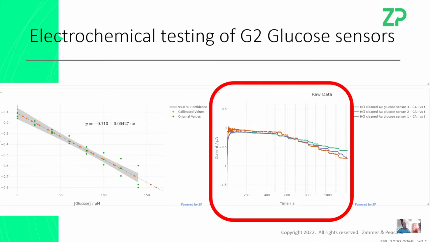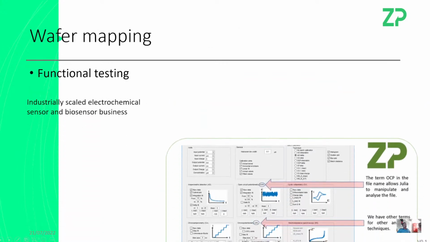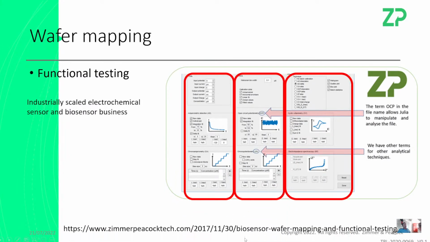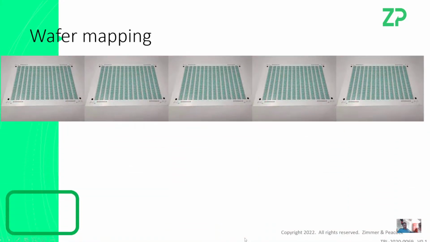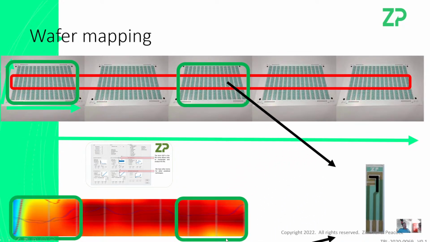And we can upload vast amounts of raw data and then let Julie crunch it all into, I would say, turn data into information, and then if the quality control manager can look at that, say, okay, it's within spec, ship the lot. So we've really thought about the data handling behind making electrodes and making glucose sensors, and we can characterize a batch of sensors, heat map them, make sure that everything is within specificity.